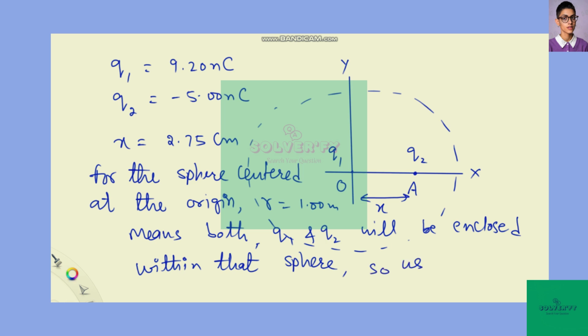So using Gauss's theorem, the total electric flux coming out of that sphere will be given by the total charge enclosed divided by epsilon naught.